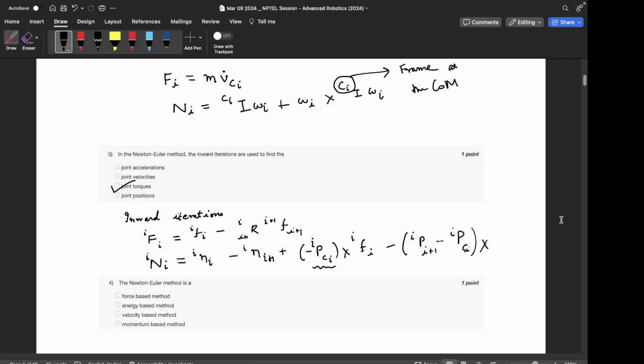Cross fi plus 1, right? So the torques due to the two forces at each end of the link, the two reaction torques, are equated to the moment at the CG. So doing the inward iteration steps one by one gives us the joint torques, which are these quantities, the small fi and small ni.